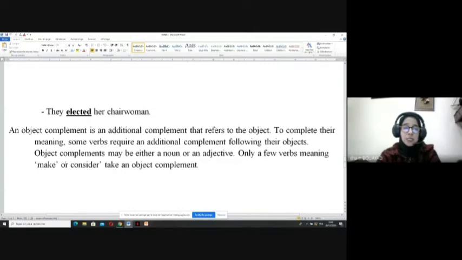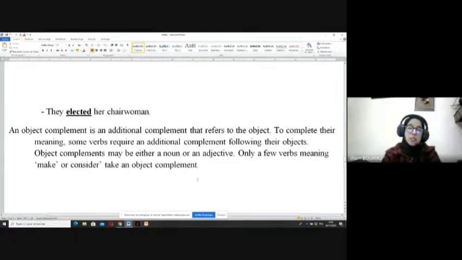So object complements may be either a noun or an adjective, but only a few verbs meaning make or consider take an object complement. That is, only verbs which have the same meaning, like make someone something, consider someone something, for example. So all these verbs which have the same meaning take the object complement.